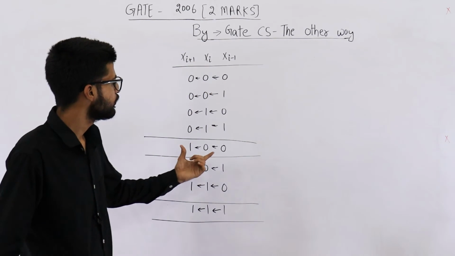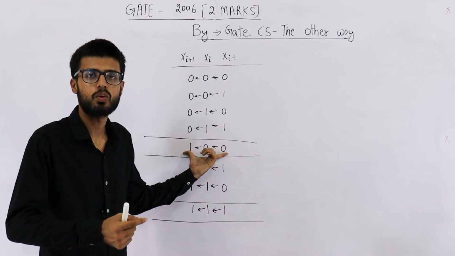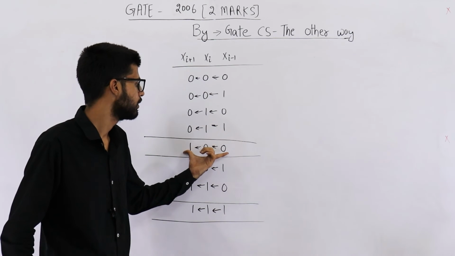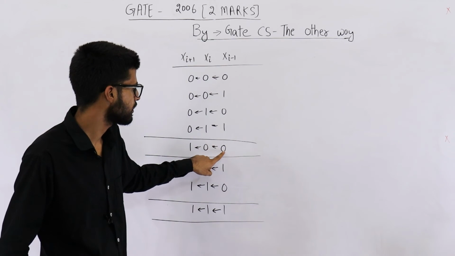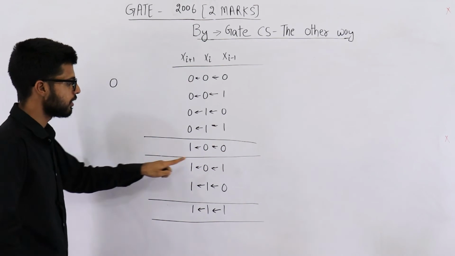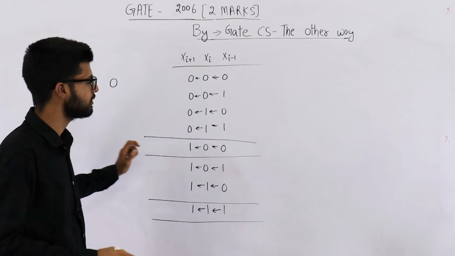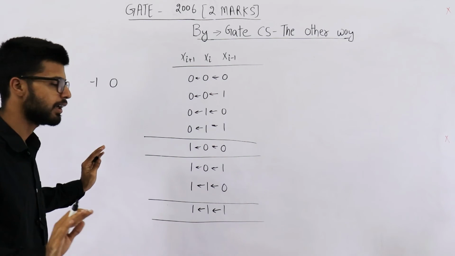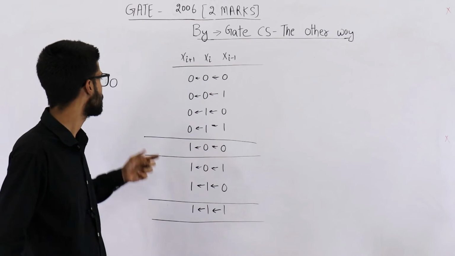For that, first do 1-bit coding, that means the coding that is done in normal Booth's algorithm. So 1-bit coding for this will be 0 to 0, that means no change, so write a 0. 0 to 1 means a block of 1s is starting, so write a minus 1. This is the normal 1-bit coding that is generally done in Booth's algorithm.